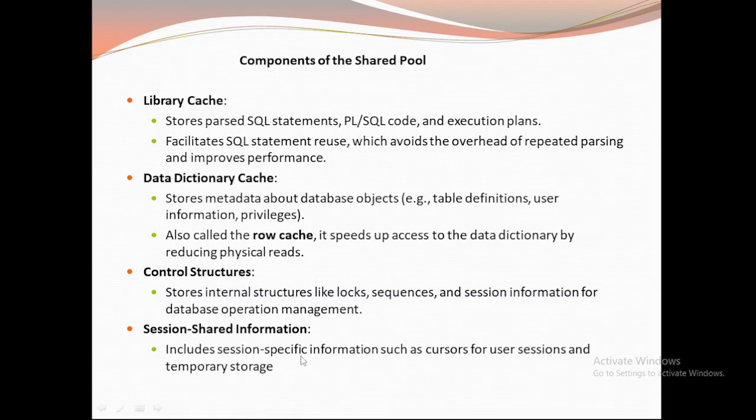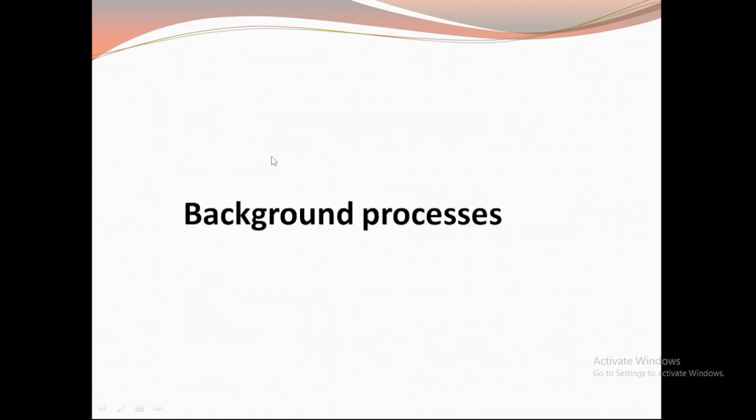This includes session-specific information such as cursors for user sessions and temporary storage. The control structure has all the information about the logs a query will be using for its execution. If it's a write query, it requires some redo logs, so those will be saved here in the control structure. All of these are saved in the shared pool.